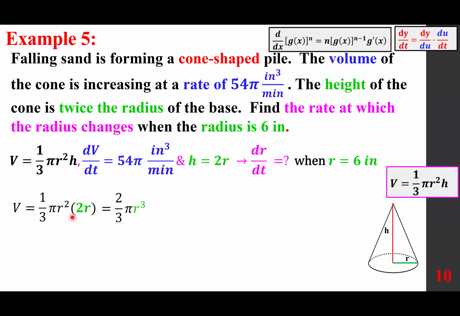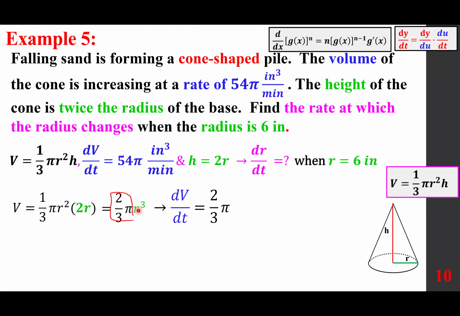Now we are ready to look at dV/dt, and again, it's important to understand this part, everybody. It's just a number. So dV/dt is 2/3 pi. It's a coefficient, it's a multiplier.